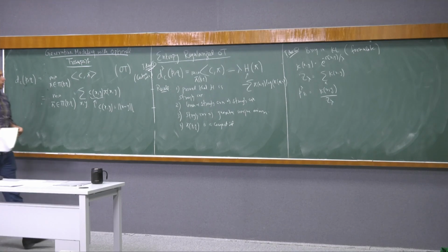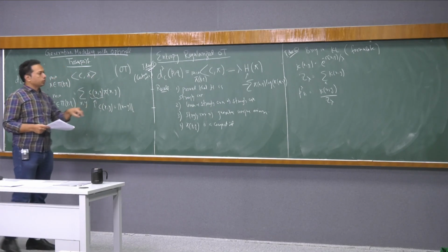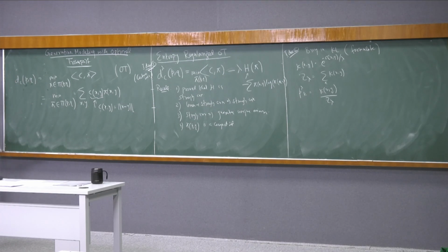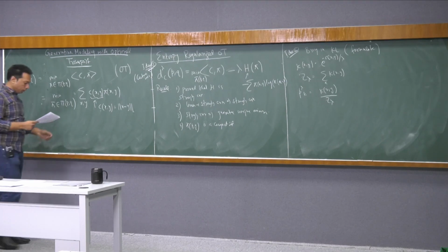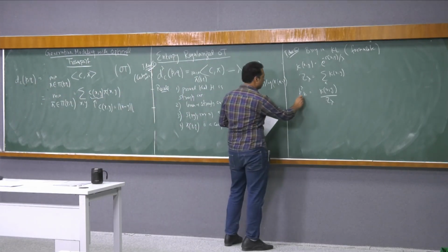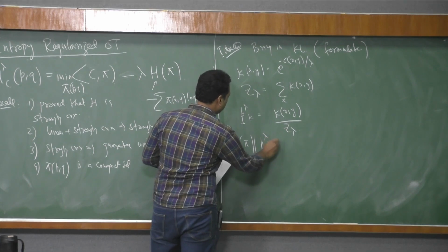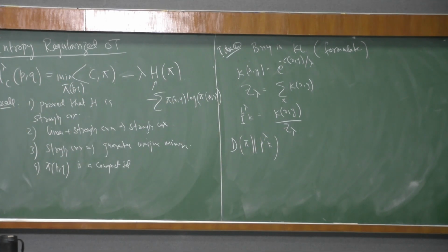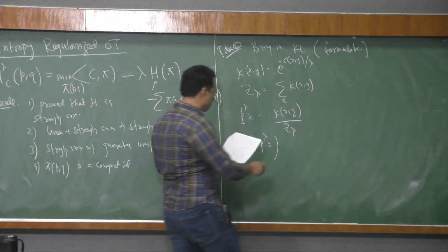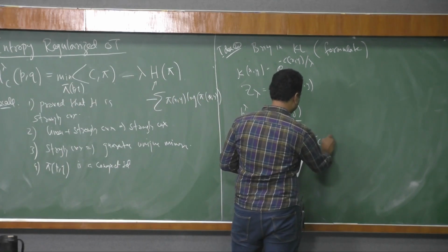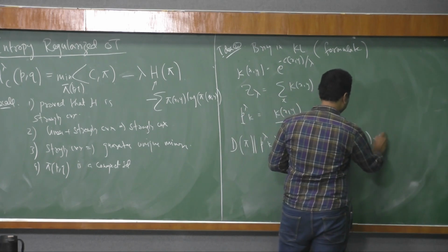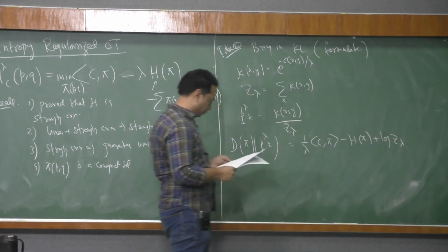So we have created the so-called Gibbs distribution, and we brought in this p_lambda^k so that the KL divergence will show up. Then we looked at what exactly this KL divergence is with this p_lambda^k. We said that we have created a new distribution, but let us compare it with the joint distribution pi. We did some calculations and got the value 1/lambda times <c, pi> minus H(pi) plus log Z_lambda.